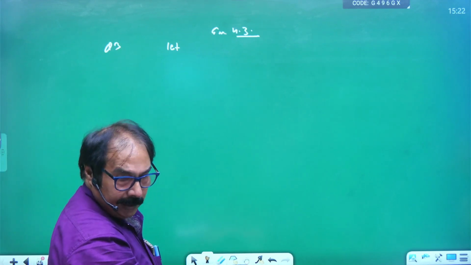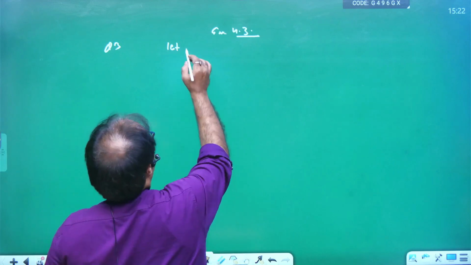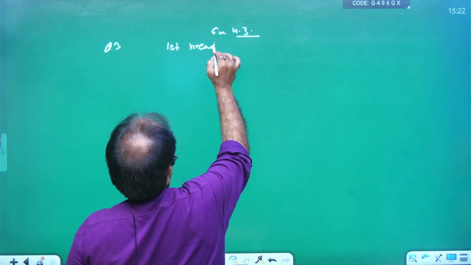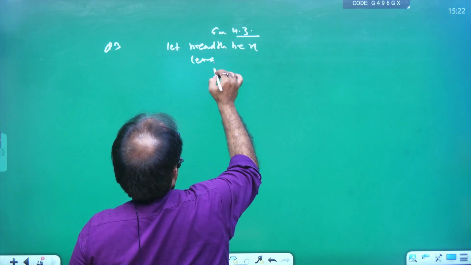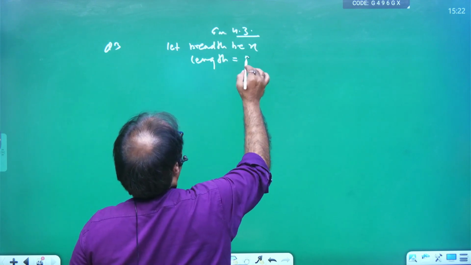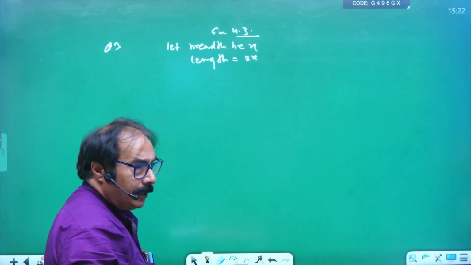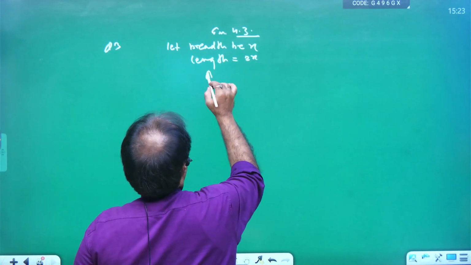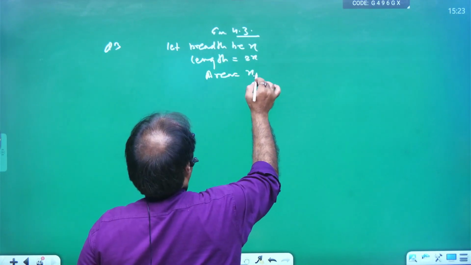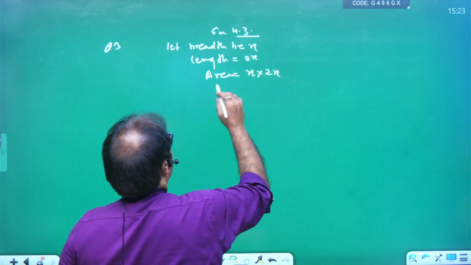Length is twice its breadth. Let breadth be x, so length will be 2x. Length is twice the breadth, and the area is given. So area is equal to length into breadth. What is the area?